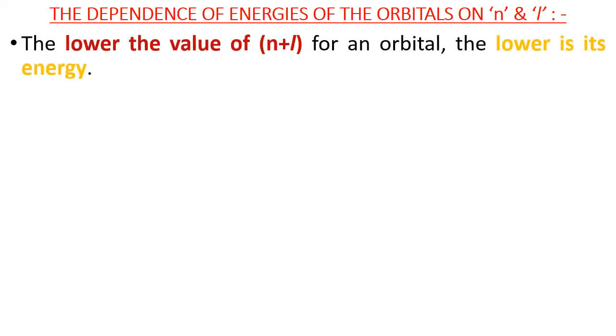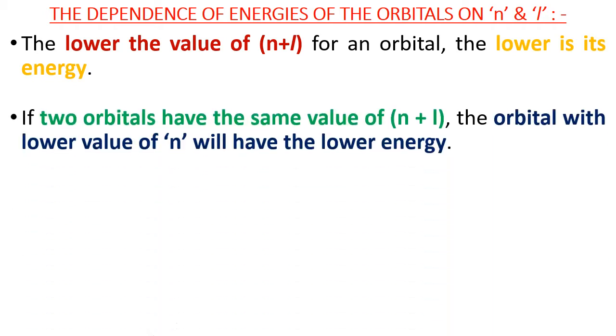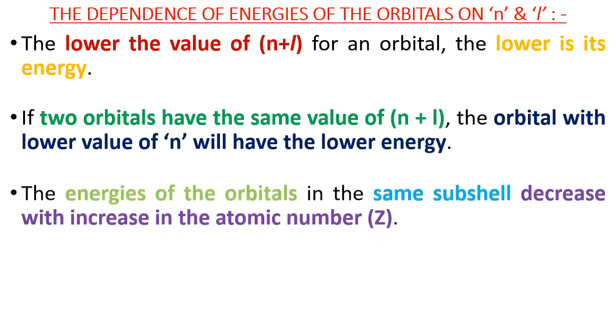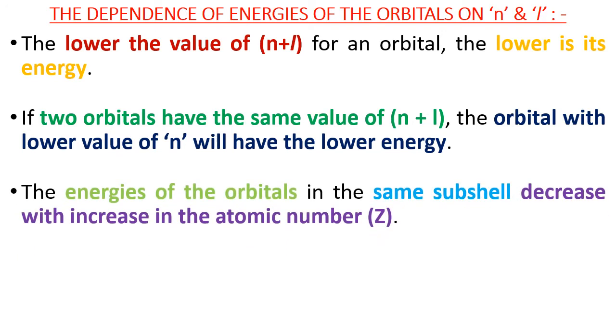Let us know about dependence of energies of the orbitals on n and l values. The lower the value of n plus l for an orbital, the lower is its energy. If two orbitals have the same value of n plus l, the orbital with the lower value of n will have the lower energy. The energies of the orbitals in the same subshell decrease with increase in the atomic number.